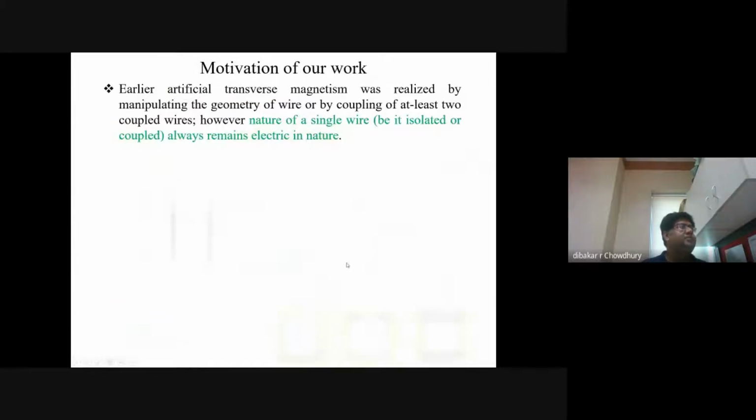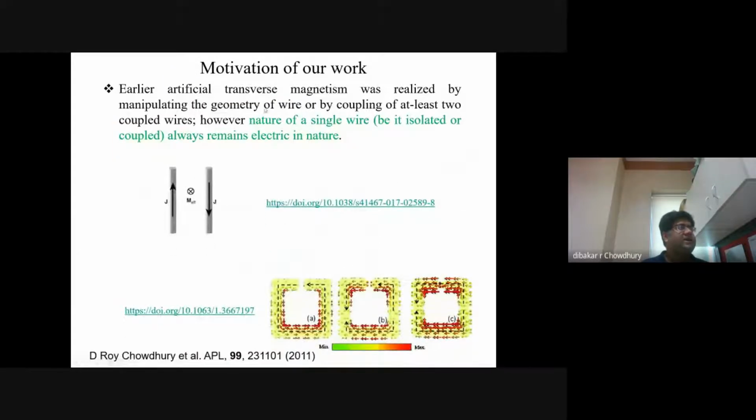So how can we get artificial magnetism, or magnetic field lines coming out from a current carrying conductor? For example, if we have one wire like this and another wire like this, then this one will induce a magnetic field surrounding it, and the other will induce a magnetic field like this, and then a normal magnetic field may be achieved.